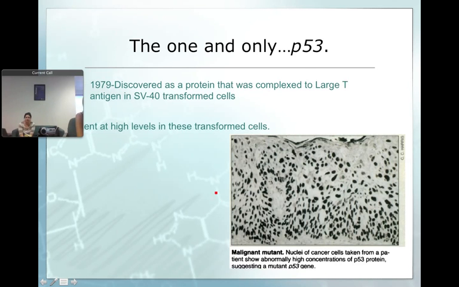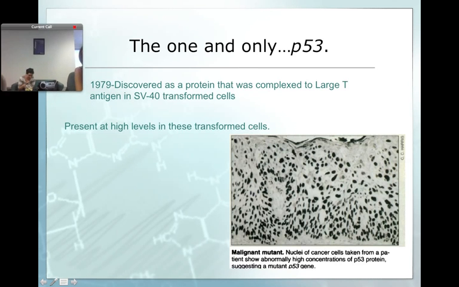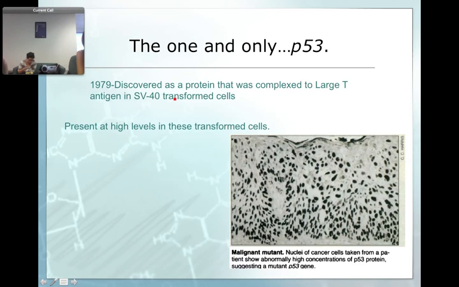Okay? And so it was discovered initially in 1979. P53 was found as a protein that was complexed with, i.e. bound to, stuck to, large T antigen in cells that had been transformed by simian virus 40. I mentioned that briefly when I talked about polyomaviruses. I said it doesn't normally cause cancer in humans, but it can transform cells.